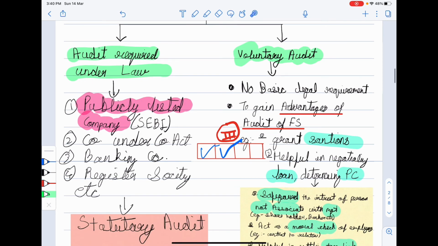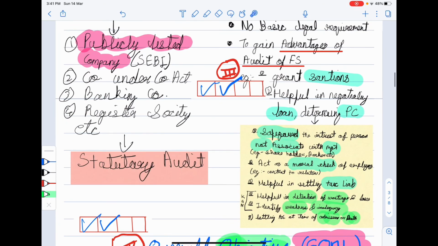Next one is what are the advantages of audit of financial statements. Audit of financial statements helps in getting sanctions. It helps in negotiating for loans and determining purchase consideration. It safeguards the interest of persons not associated with the management. It acts as a moral check on the employees.